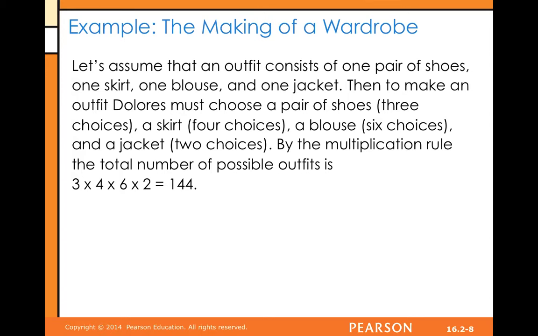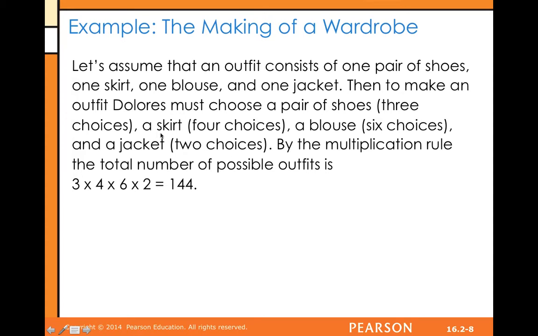So what you can do is you can think of her dressing herself as a series of 4 stages. The first thing she does is choose a pair of shoes. The next thing she does is choose a skirt. The next thing she does is choose a blouse. And then finally, stage 4, the last thing she does is choose a jacket. Well, how many ways can she do stage 1? How many ways can she choose a pair of shoes? There are 3 ways to do so.